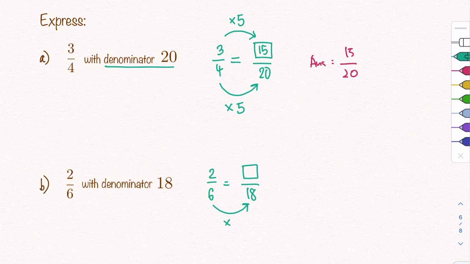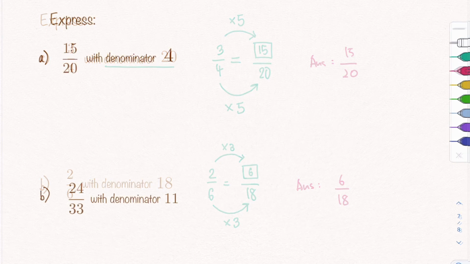And the answer is 3. 6 times 3 is equal to 18, and that means that we need to times 3 to the numerator, and 2 times 3 equals 6. And so the answer here, where they want us to express 2 over 6 with a denominator of 18, now the fraction is equal to 6 over 18.